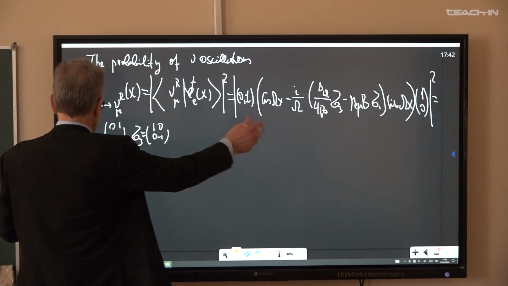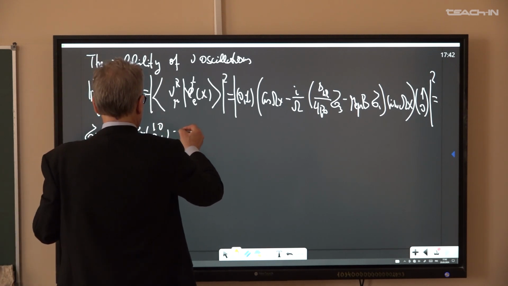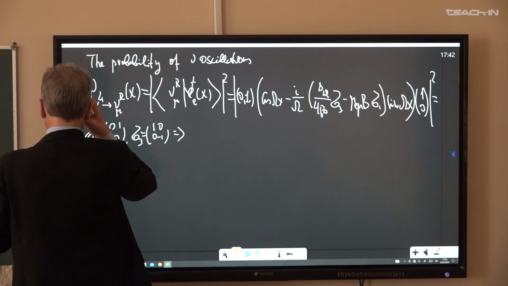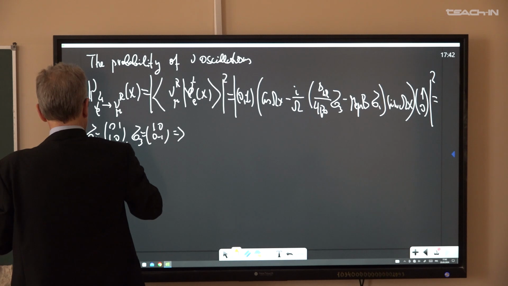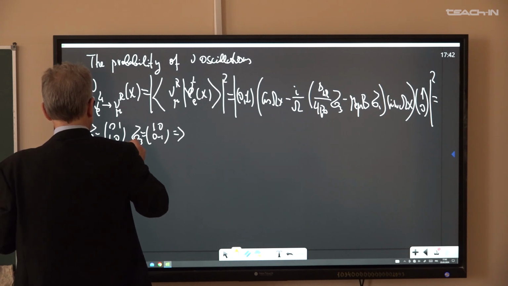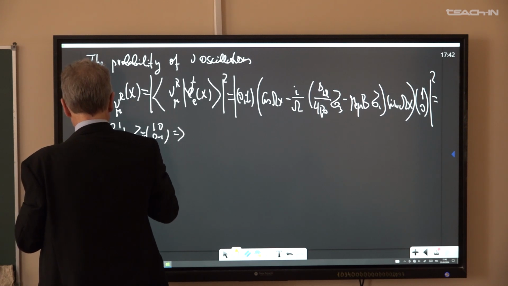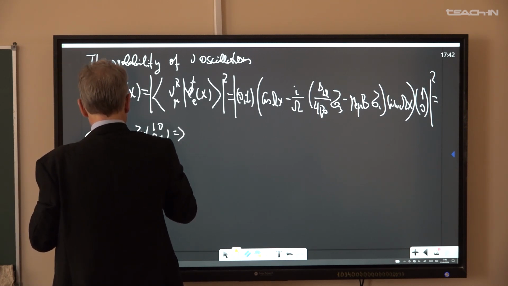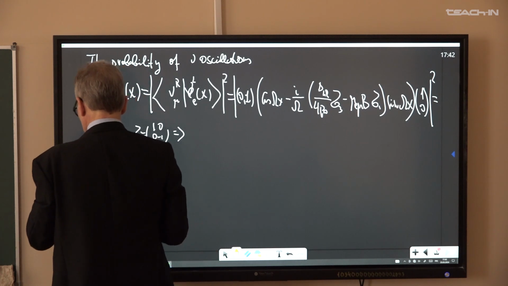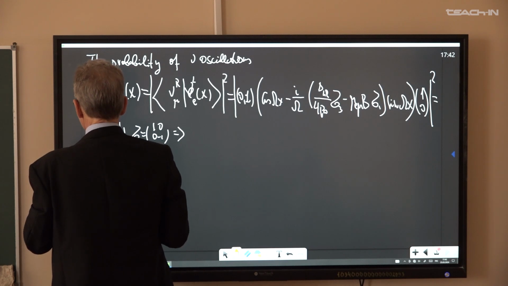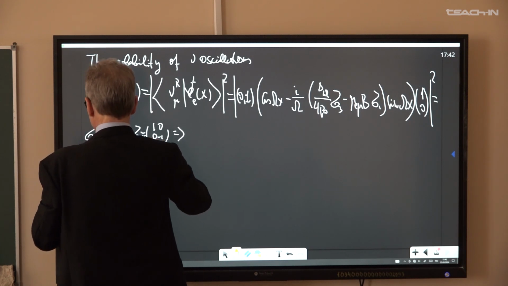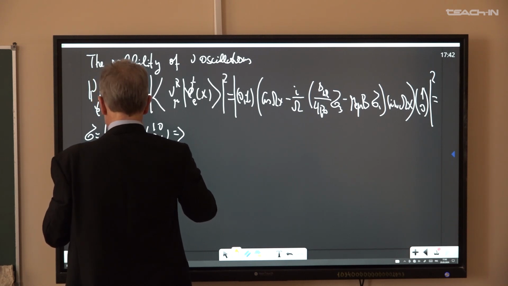and then it can be easily calculated, and we get the following: this is magnetic moment multiplied by the field squared divided by omega squared sine squared omega x.